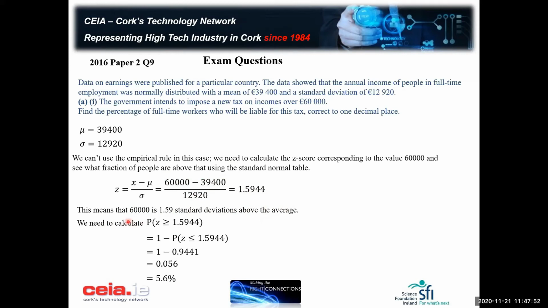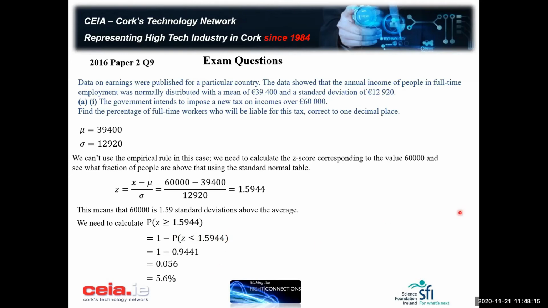We want to calculate the probability that Z is greater than or equal to this. And as usual, because the tabulated values are for P of Z less than or equal to something, we need to go 1 minus P of Z less than this.